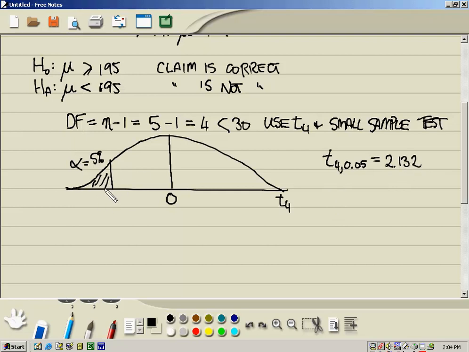But as our test here is a lower tail test, our critical value will be negative 2.132.